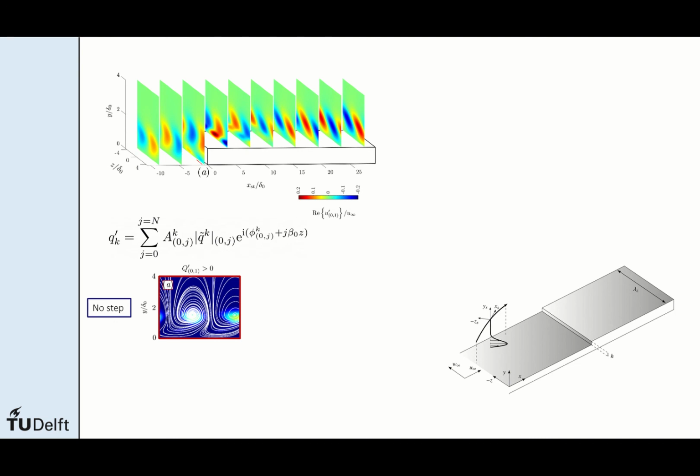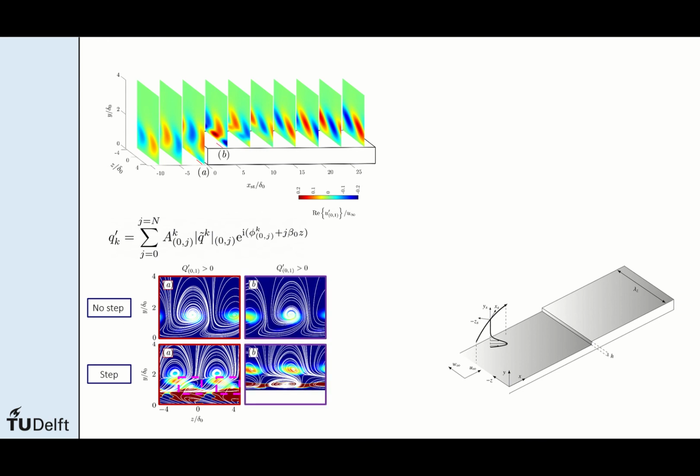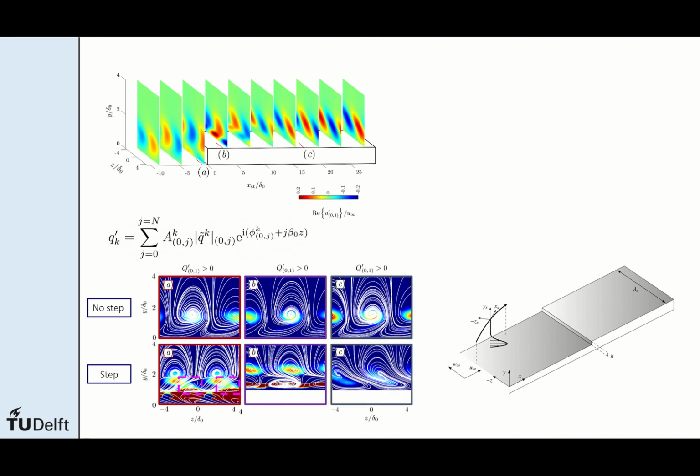In the no-step case, only primary structures exist, whereas in the step case, additional secondary vortices are induced upstream of the step. Downstream of the step, secondary vortices grow and become much stronger than the primary ones, and eventually merge with the pre-existing structures.